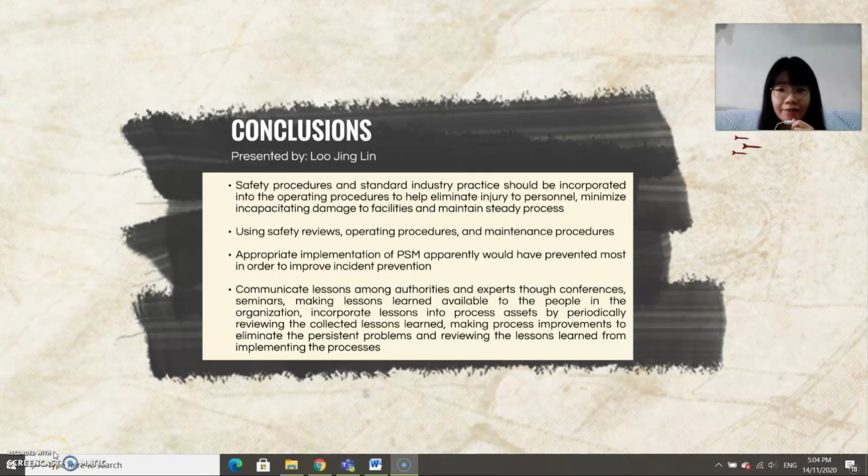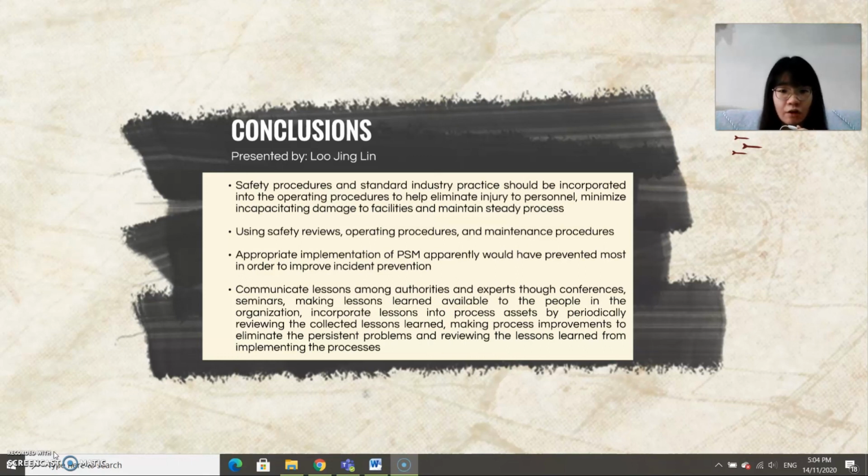In conclusion, after studying the Cleveland East Ohio gas explosion incident, it was found that safety procedures and standard industry practice should be incorporated into the operating procedures to help eliminate injuries and minimize damage. A good safety program is developed using safety reviews, operating procedures, and maintenance procedures.